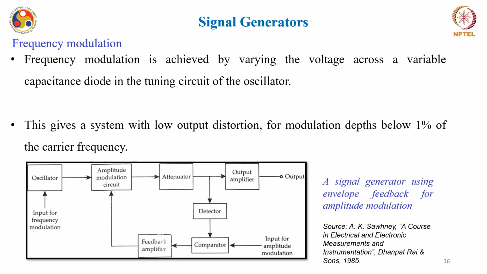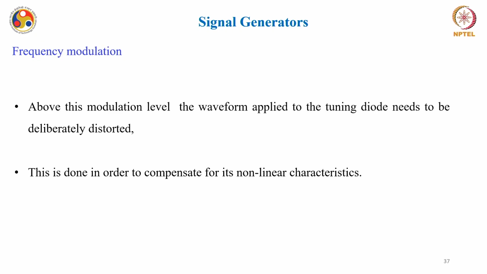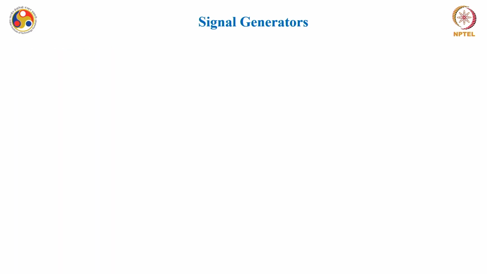The frequency modulation is achieved by varying the voltage across a variable capacitance diode, sometimes known as a varactor diode, in the tuning circuit of the oscillator. This gives a system with low output distortion for modulation depth below 1% of the carrier frequency. Above this modulation level, the waveform applied to the tuning diode needs to be deliberately distorted in order to compensate for its nonlinear characteristics.